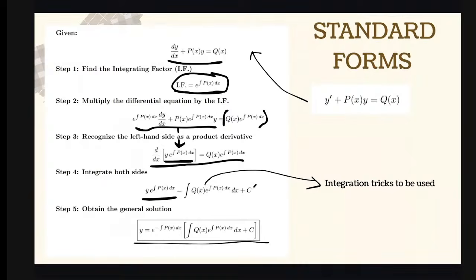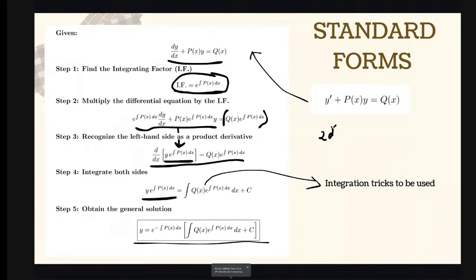And then there's a constant term. So let's look at a decent example on this question. I hope everybody is clear up till this point. Okay, if everybody is clear, then we can just look at a question.